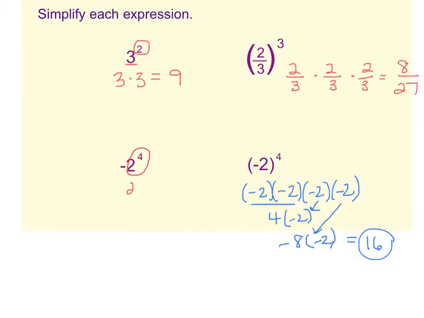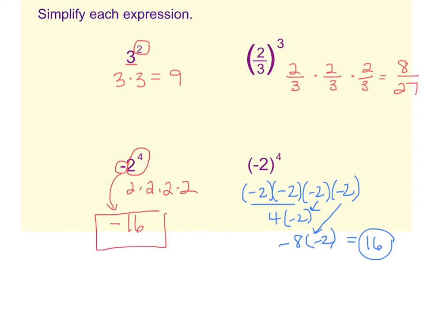So 2 to the fourth is 2 times 2 times 2 times 2, and we get 16 when we do that. And that negative that we ignored actually gets tacked on to the end, and we end up with a -16 for this answer. It's such a small detail that we just have to make sure we're being accurate about.